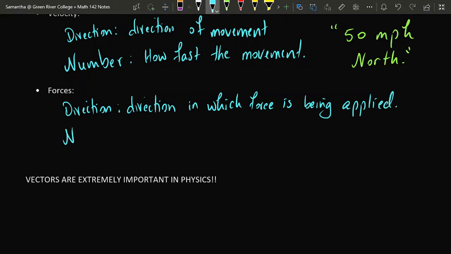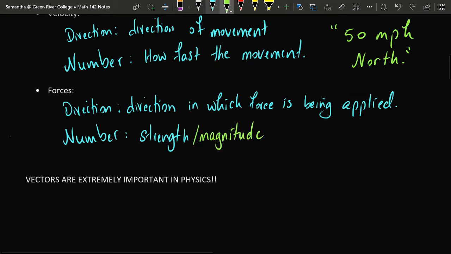And the number, in the case of a force, is what is communicating to you how strong the force is. The strength, or what is more commonly called in physics, the magnitude of the force.